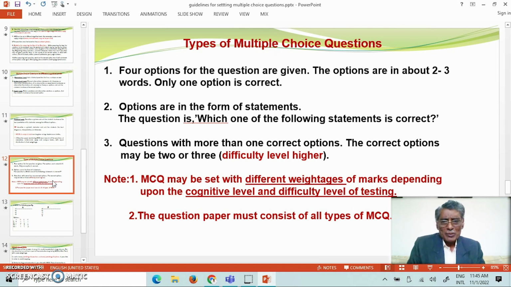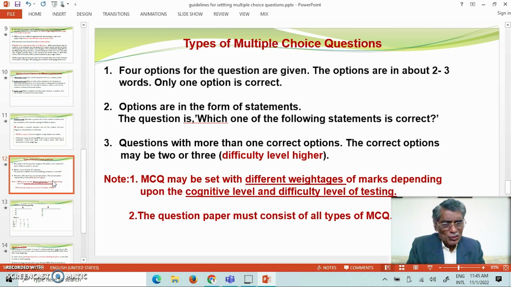Second type, options are given in the form of statements, and you ask the question which of the following statements is correct. The third type, questions with more than one correct option. The correct options may be 2 or 3 out of 4. So difficulty level is much higher.